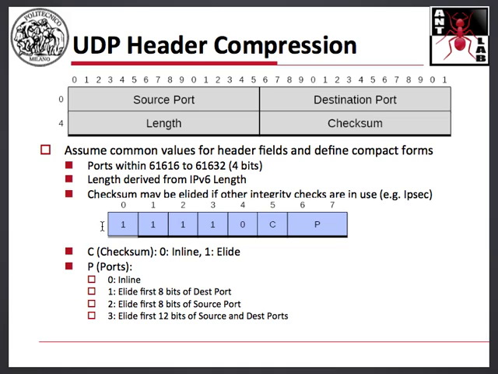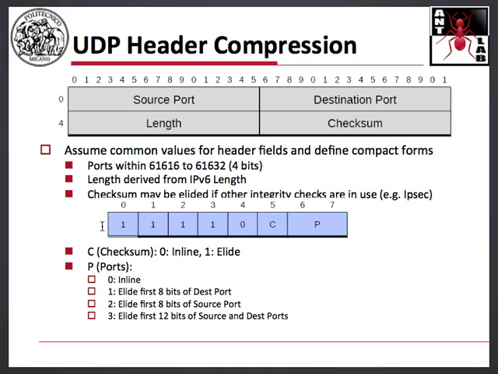Why so? Because this range of ports can be represented with only 4 bits, and not with the full 8 bits as the original ones. So if we reduce the range of the ports which can be assigned, we can reduce the number of bits which are needed to address that range. That's very simple.